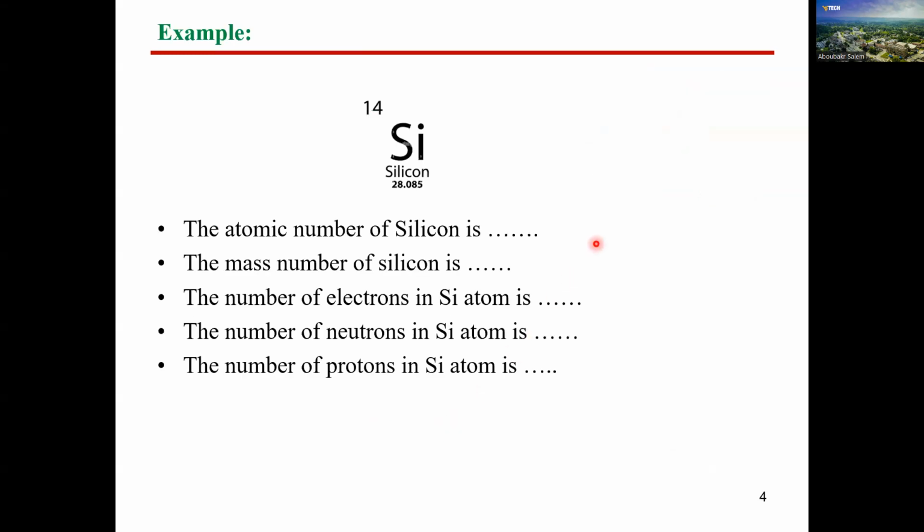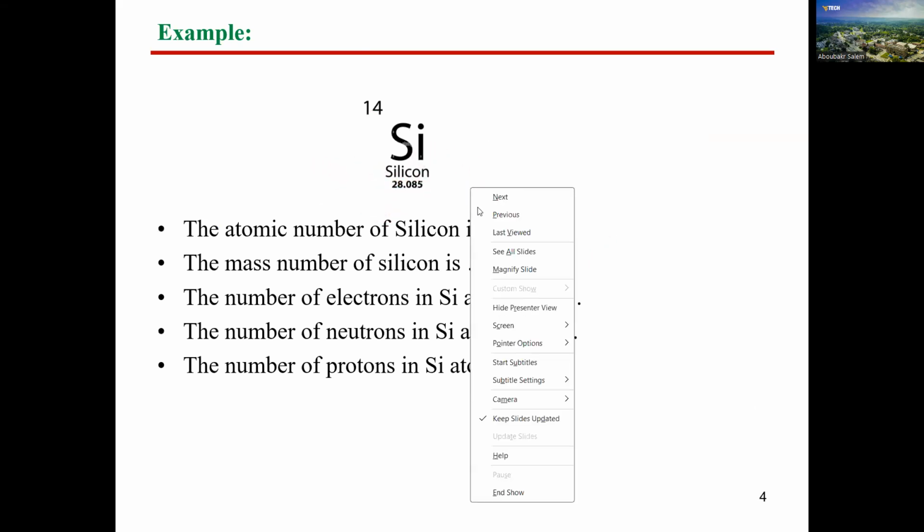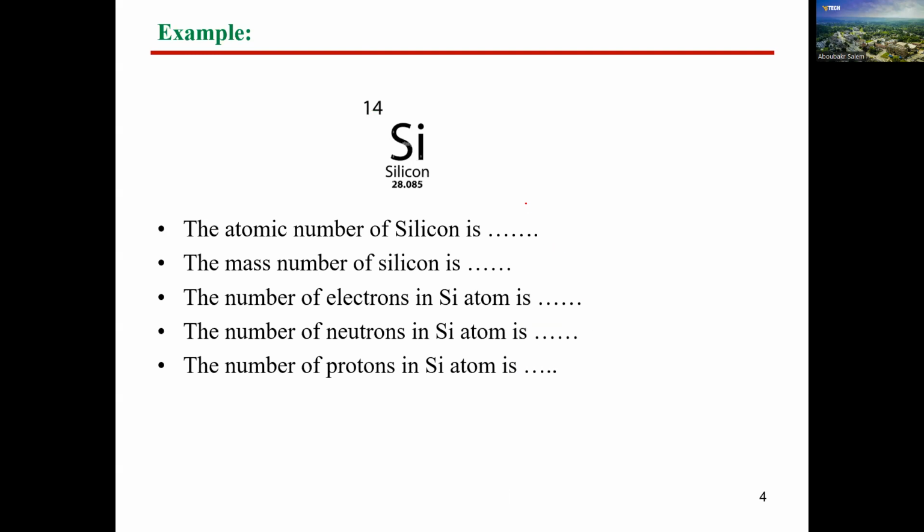Let's solve these together, guys, as training now. Here we have silicon. Silicon is one of the materials we will discuss too much in our class, because this is one of the semiconductor materials we are going to use in most power electronics or electronics components. So guys, for this element, how many electrons do we have?